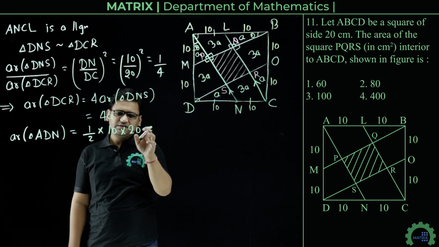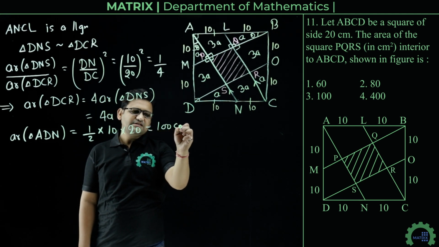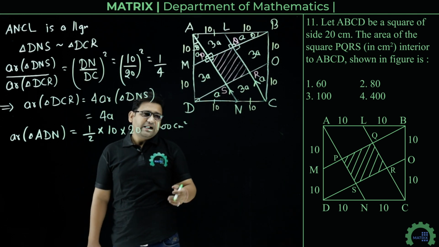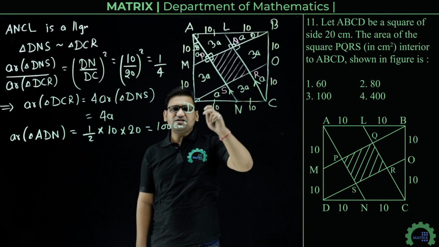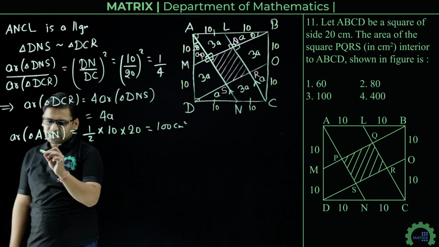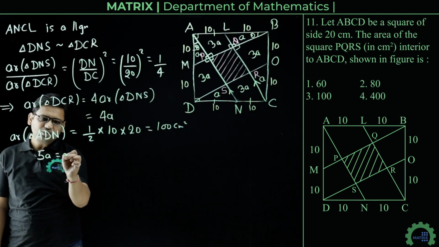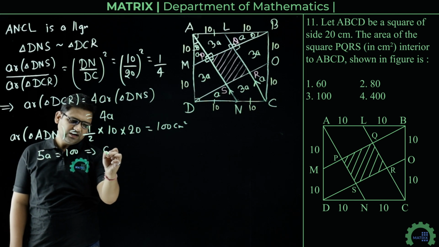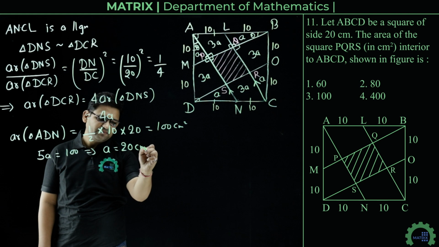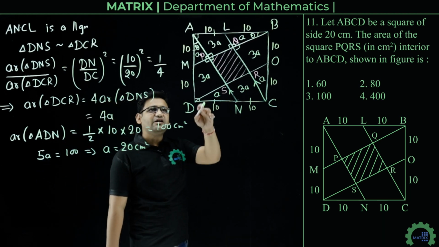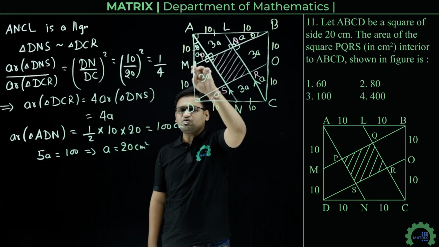So this is 100 centimeter square, and this will be equal to A plus 3A plus A, that is 5A. So 5A equals 100, so area A equals 20 centimeter square.